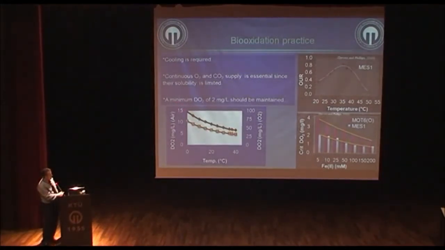A minimum dissolved oxygen concentration of 2 milligrams per liter should be maintained for an effective oxidation process. You see, at a certain point, the maintenance of oxygen at a certain level is essential. And here we see the decrease in the solubility of oxygen when temperature is increased.